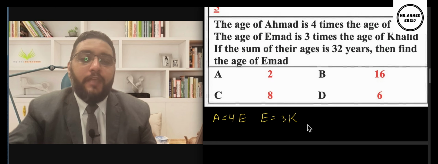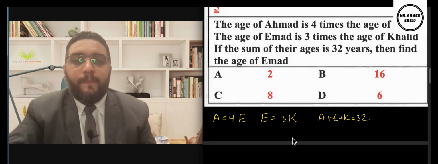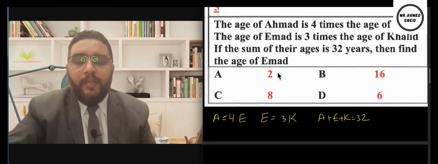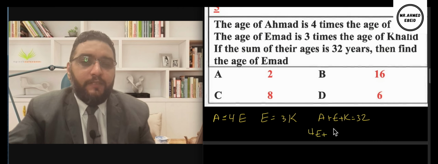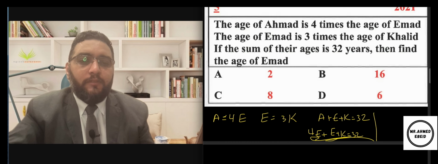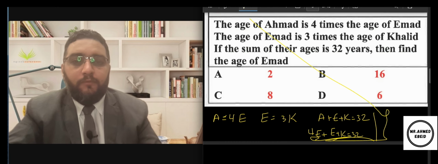And the sum of their ages is 32, so A plus E plus K equals 32. We want to find the age of Ahmed. Okay, we have A equals 4E, so it will be 4E plus E plus K equals 32. So 4E plus E equals 5E.